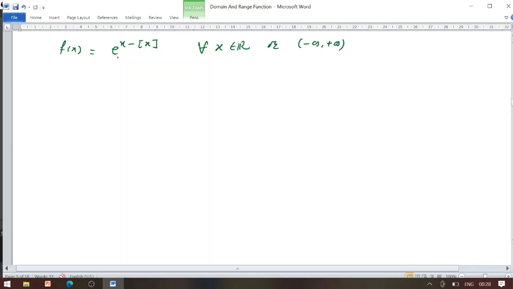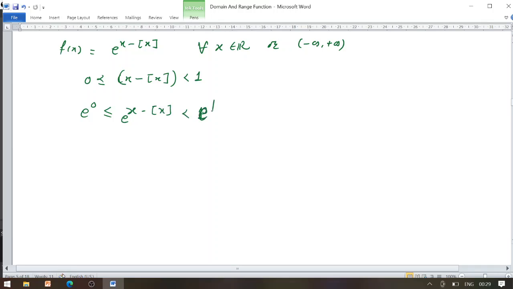So the value of x minus the greatest integer value of x is always greater than or equal to 0, and simultaneously less than 1. If we take the exponential power throughout the inequality, we get e to the power 0 less than or equal to e to the power x minus the greatest integer value of x, strictly less than e to the power 1.